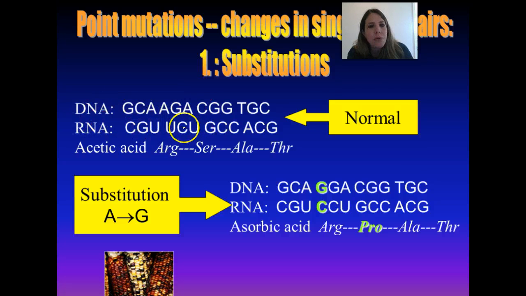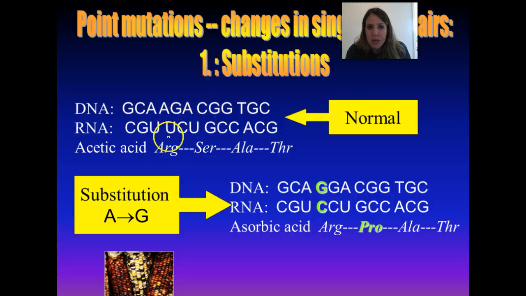So here's my RNA. Every 3 bases of RNA codes for a particular amino acid, and you'll learn how that happens in the next lecture. So CGU: if I looked it up, when the DNA sequence was GCA and my RNA is CGU, I'll end up with the amino acid ARG, which is arginine.